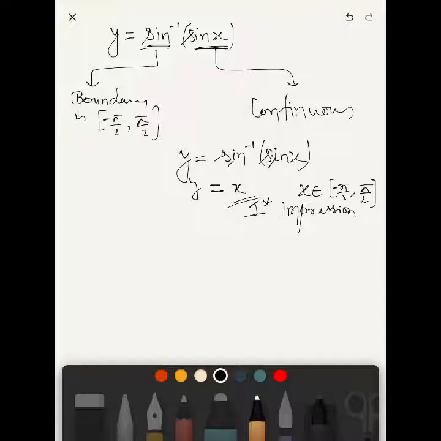You can cancel this outer and inner function only when your x belongs to the principal domain. Okay, now let us draw the graph of first impression.